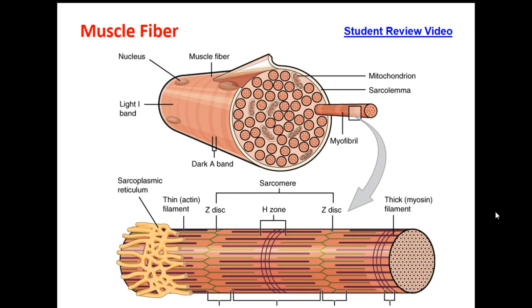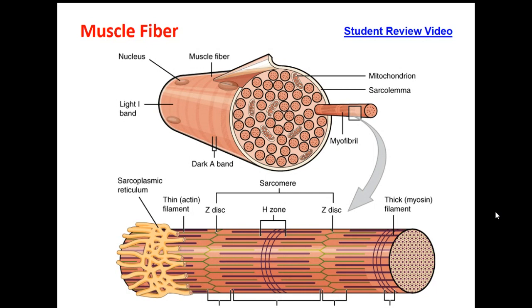Also labeled there is the sarcolemma. That's just the plasma membrane surrounding that whole cell. The plasma membrane of a muscle fiber has its own name, and it's called a sarcolemma. That's all it is, just the plasma membrane. So here's this myofibril. One of these myofibrils, or a section of a myofibril, is enlarged here.